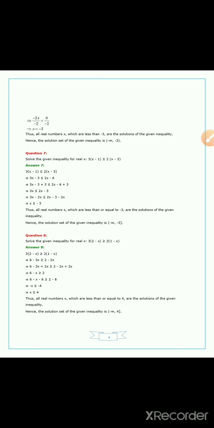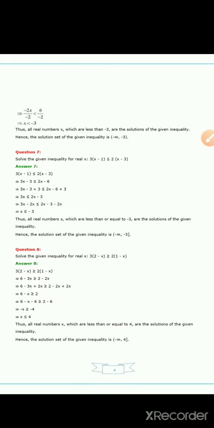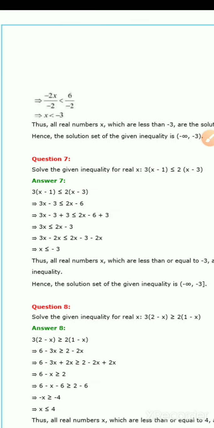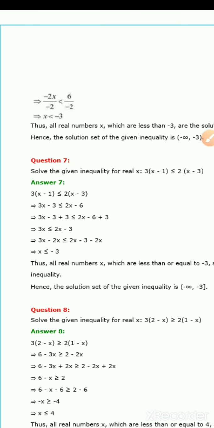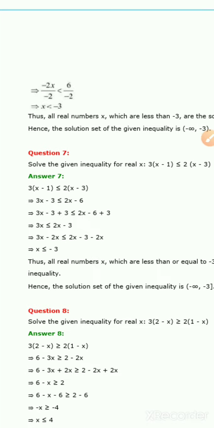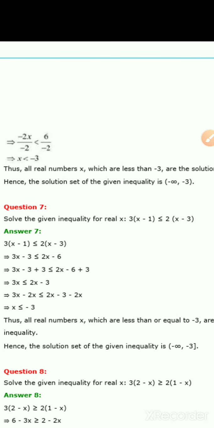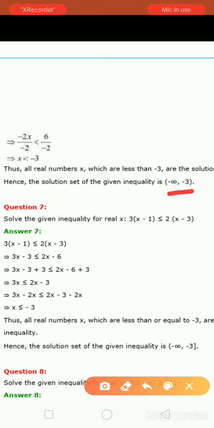Minus 2x, so minus x is less than minus 3, right? x is less than, 2 ones are 2, 2 threes are 6, I will get minus 3, and the solution will be minus infinity comma minus 3. The next question number 7.